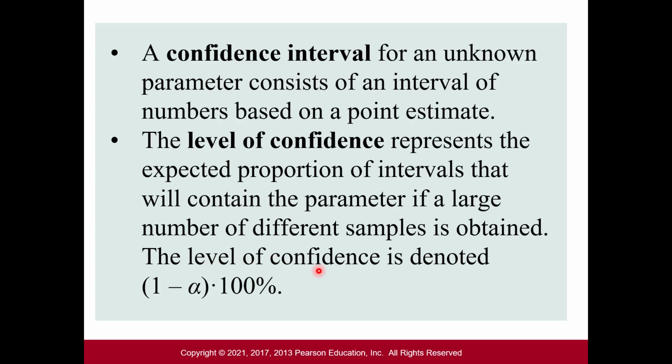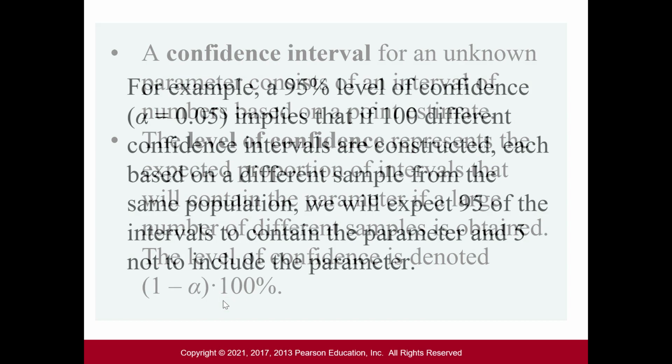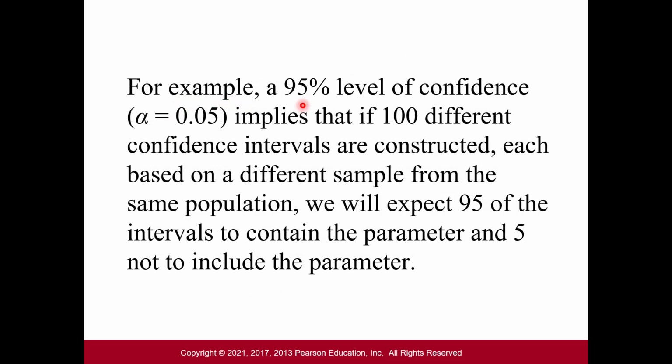So the level of confidence is denoted as follows. It's going to be 1 minus alpha times 100%. So we have our confidence interval, and then we have our level of confidence, which is going to be a percent. So for example, a 95% level of confidence would mean that alpha is 0.05. If you plug that into our calculation, that'd be 1 minus 0.05 times 100%.